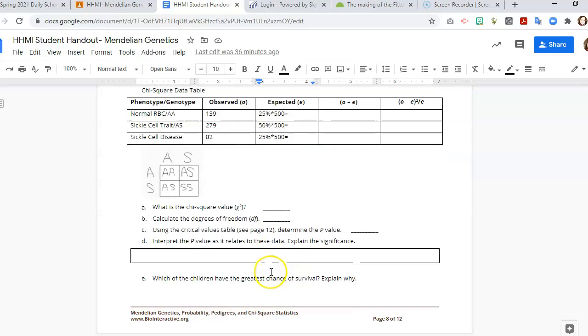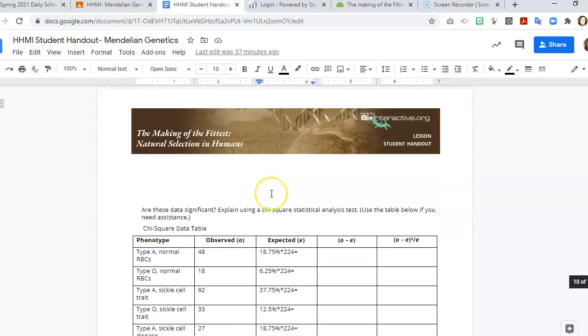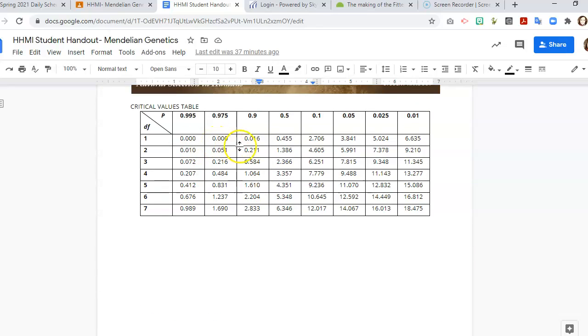The letter C is asking you to use the critical values table to determine the p-value. So whatever your number is in here, okay, and you use your degrees of freedom, you go down to page 12, and you decide where your number is, okay? Anything less than 0.05, I apologize, sorry.